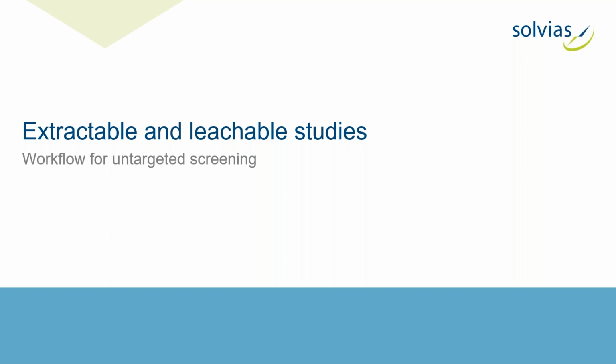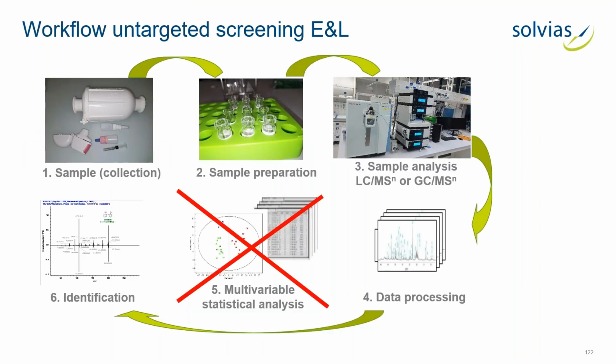Extractable and leachable studies have more or less the same approach. You have a sample. In this case, it's not an animal, it's a plastic device. It can be a filter, tubing, syringes, vials, whatever you think of as primary packaging, or, this is also important, a medical device. So we put them somehow into a sample, usually by extraction.